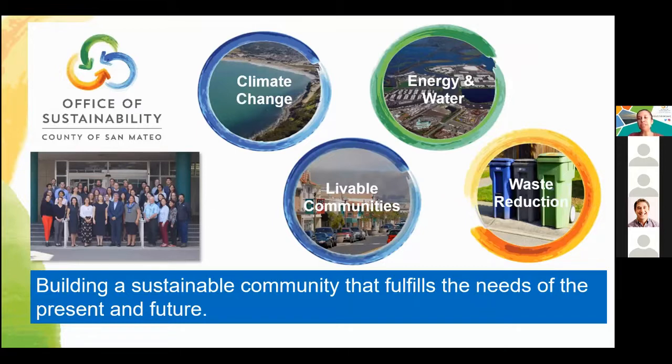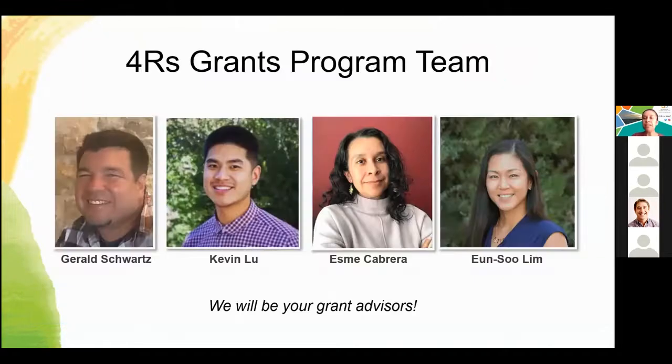The primary objectives of OOS are to promote sustainability in the county through the planning, development, and implementation of programs in the areas of livable communities, energy and water, climate change, and waste reduction. I'd like to introduce you to our 4Rs Grants Program team: Gerald Schwartz, Kevin Liu, myself, and Ansu Lim. The four of us will be the grant advisors for the new grant recipients in the upcoming 2022-2023 grant cycle.